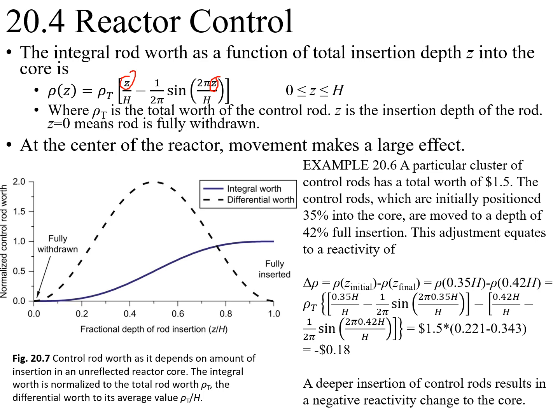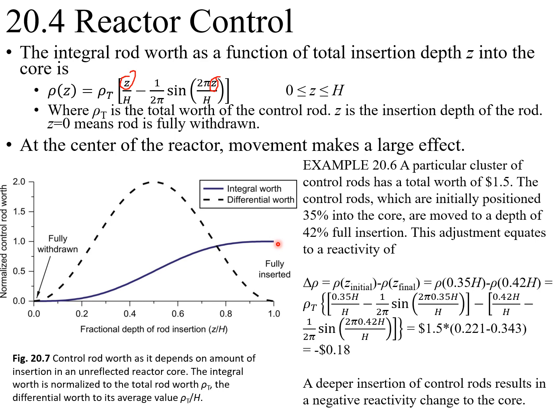In this figure, it shows the solid line is the integral control rod worth. So at the beginning is 0, and when the rod is fully inserted, you have all your control rod worth. The dashed line is the differential worth.